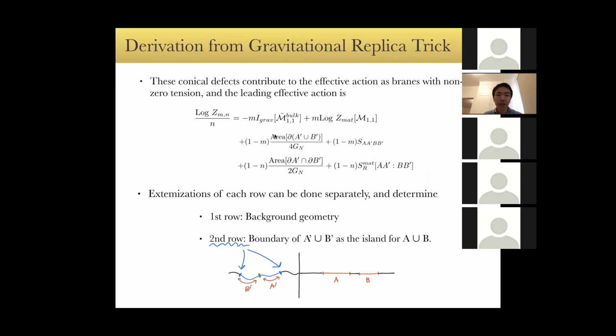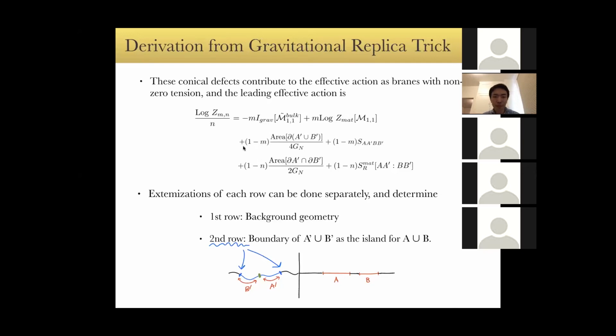And since we take the m and n to 1 limit, each term can be extremized separately. The extremization of the first term gives the replica sheet going back to the original background geometry, so it just gives the equation of motion for the original bulk geometry.